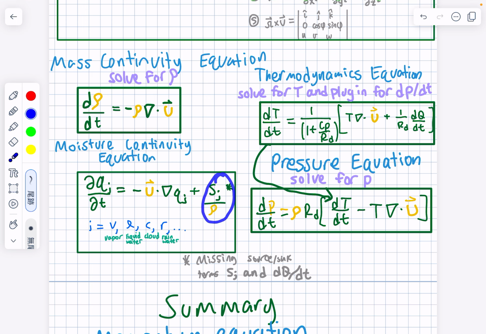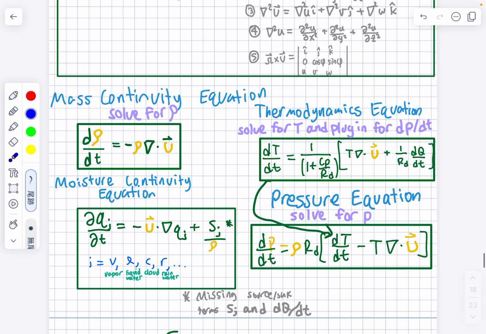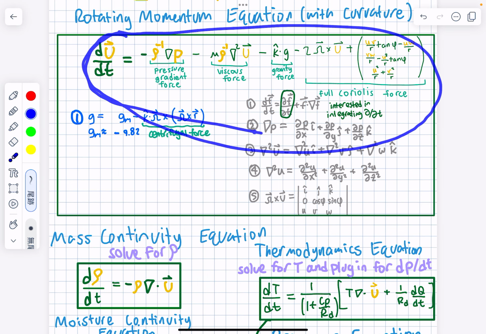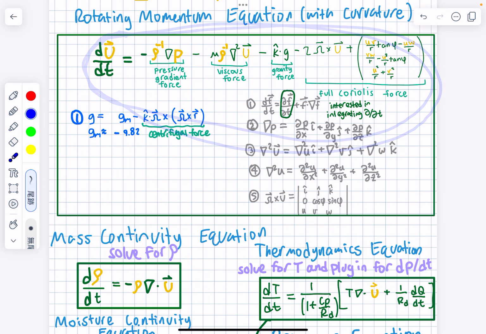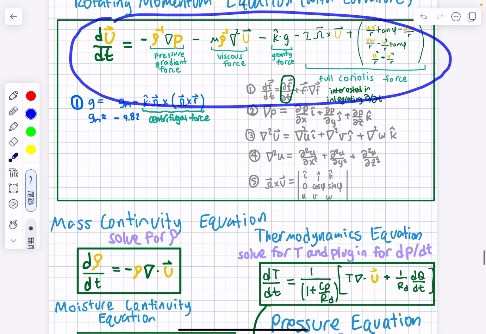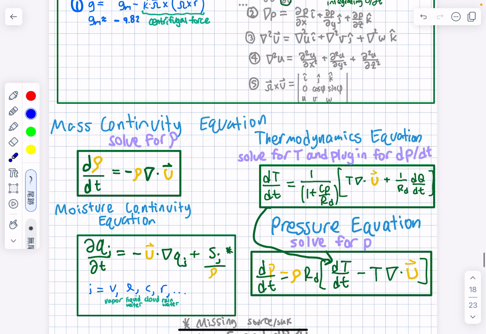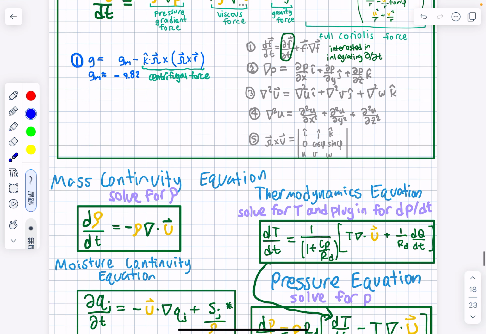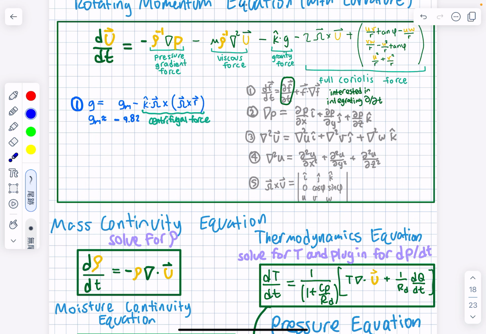And improving this term means we need to improve this term and this term. Currently, though, this momentum equation we know is very, very good. The only thing causing it to be off is that our update for pressure depends on heating, which depends on water vapor. So there might be some small discrepancy in these terms.